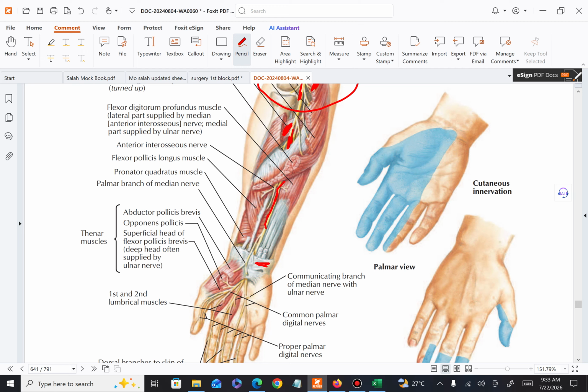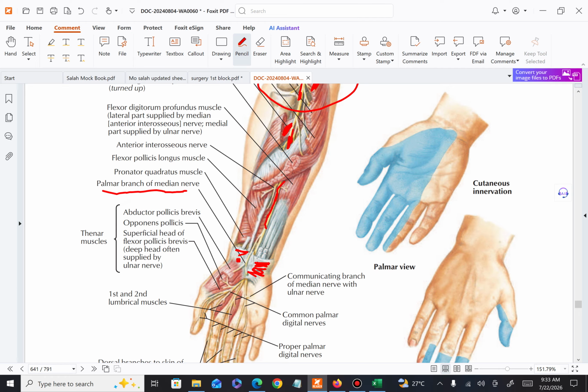This structure is the flexor retinaculum, and the median nerve passes deep to the flexor retinaculum. Before passing deep to the flexor retinaculum it gives one superficial branch, which is this one. This is the palmar cutaneous branch of the median nerve, which supplies the skin of the palm.